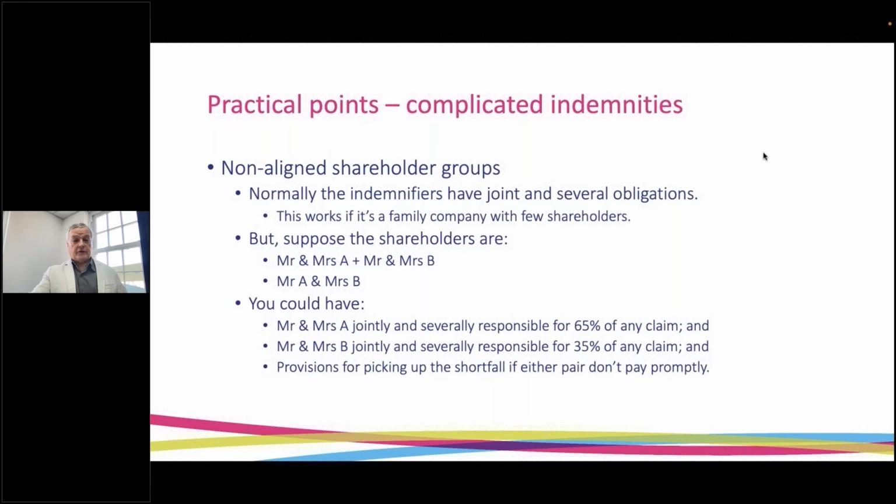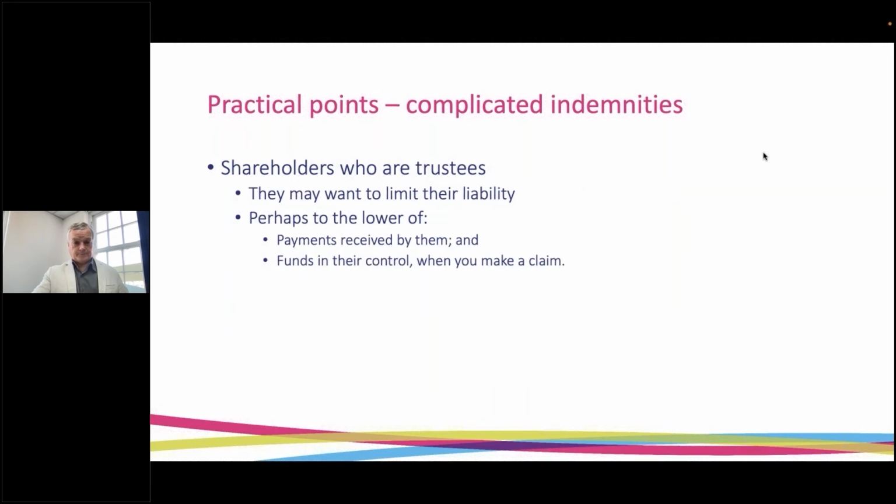But if the shareholders are unrelated, then you may find that they're not willing to be jointly and severally liable, in which case you may have to have some sort of fairly complex liability sharing arrangements attached to the indemnity, with provisions in there for picking up any shortfall if the individual shareholders don't promptly pay what you are asking them to pay.